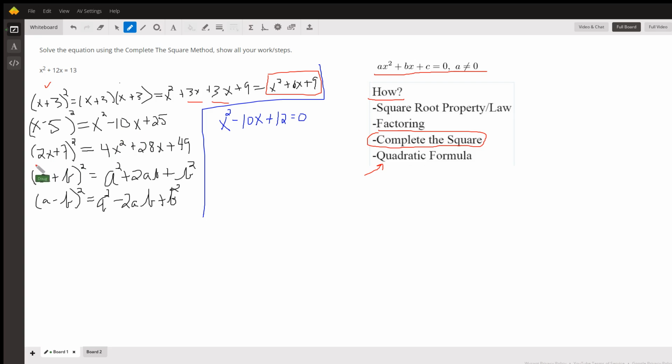If you square a binomial like 2x plus 7, you get 4x squared. The product of the two terms is 14x, doubled is 28x, plus 49. Here's the formula for squaring a binomial to get what's called a perfect square trinomial. Those are your two formulas.